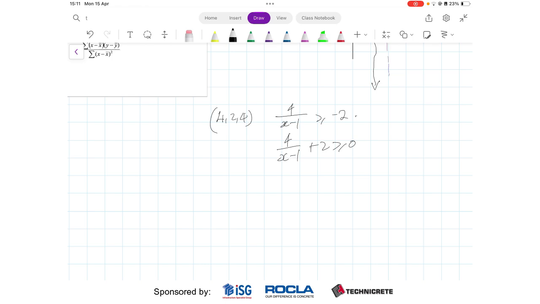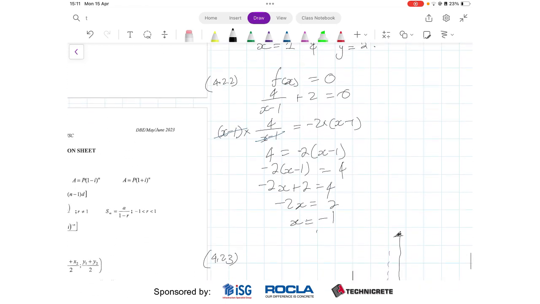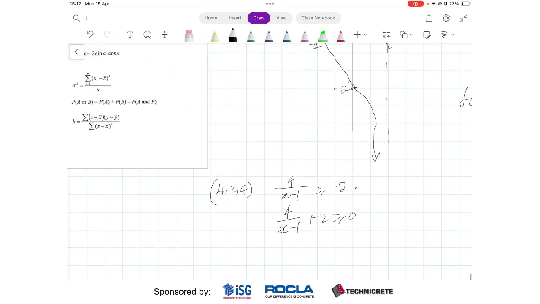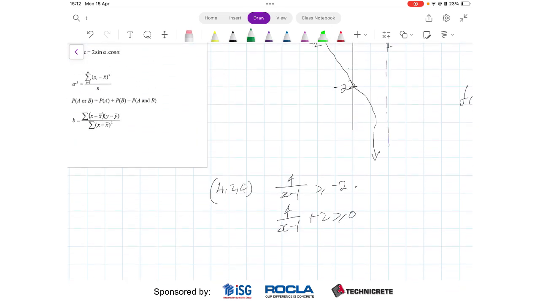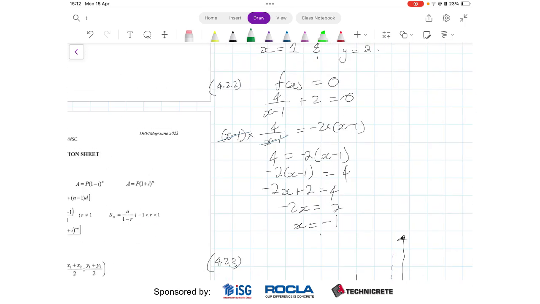And from this working, as you can see, this is the same working that we went through in this part of the question. And now, when you look at this right-hand side of our inequality, it's exactly equal to f at x.